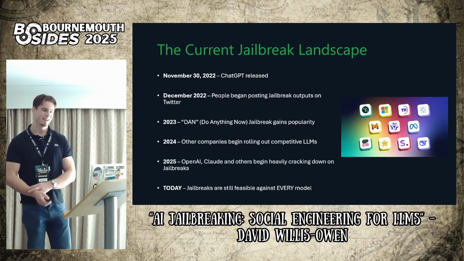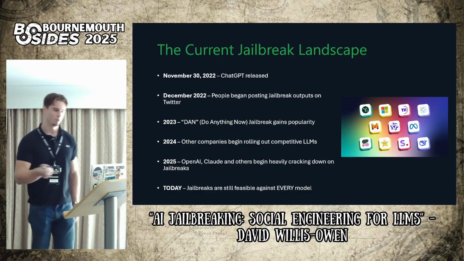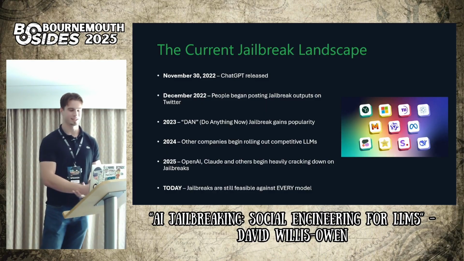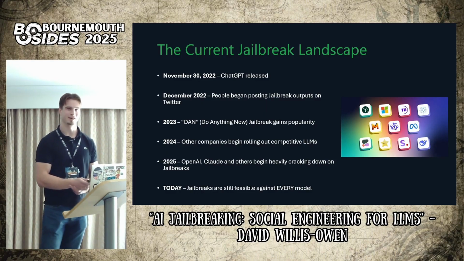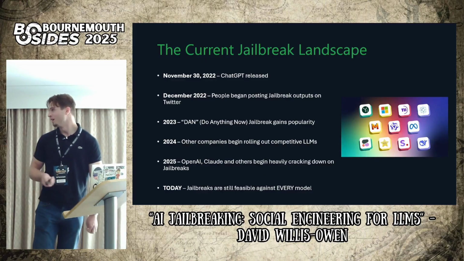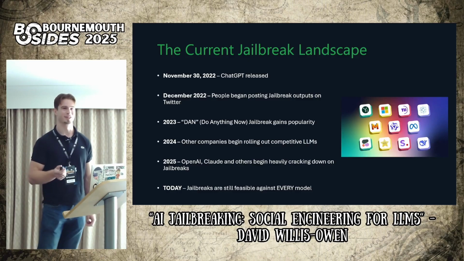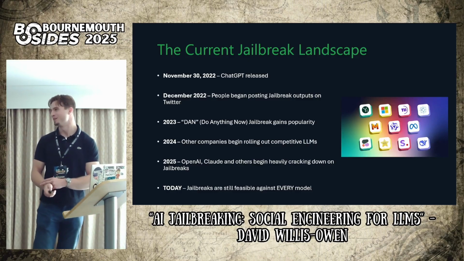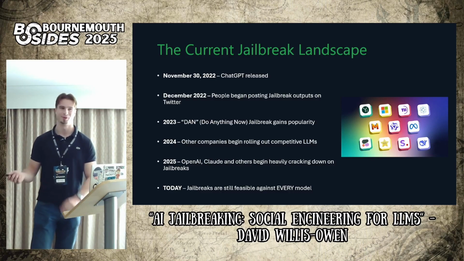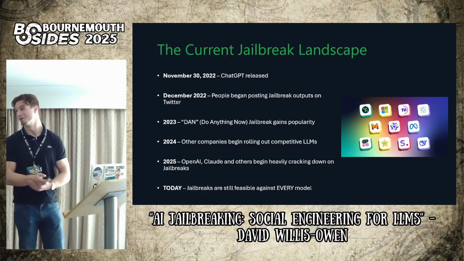So what's the current landscape of jailbreaking AI? Well, ChatGPT actually released nearly 3 years ago. I remember it well. And literally a month after it dropped, people began posting jailbreaking outputs on Twitter. They quickly went viral because it was so funny seeing ChatGPT talking about things like Molotov cocktails and bombs because no one had seen it before.